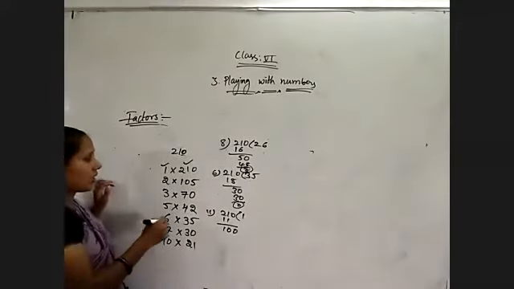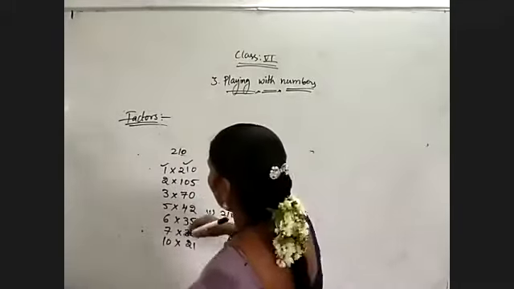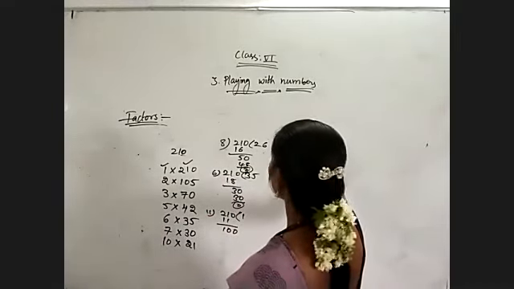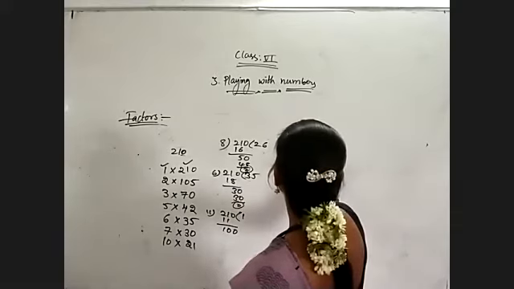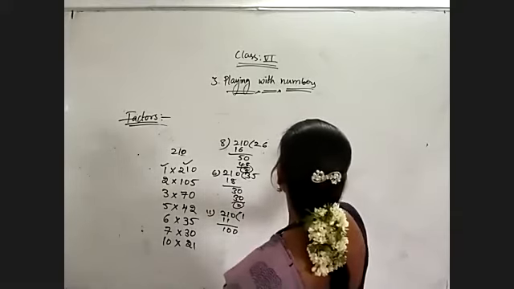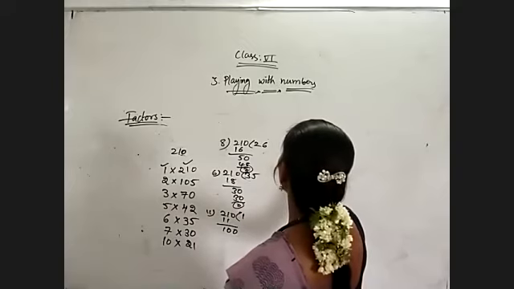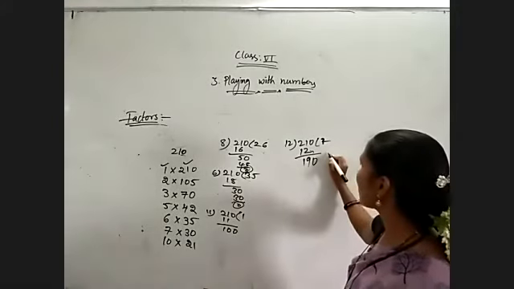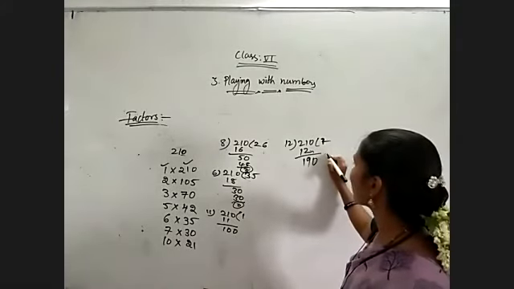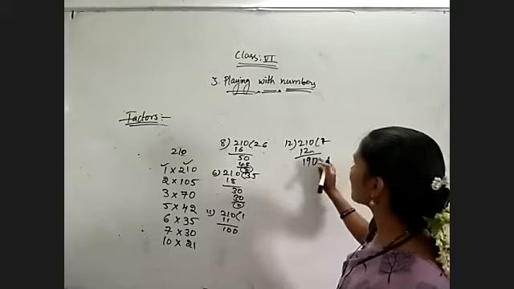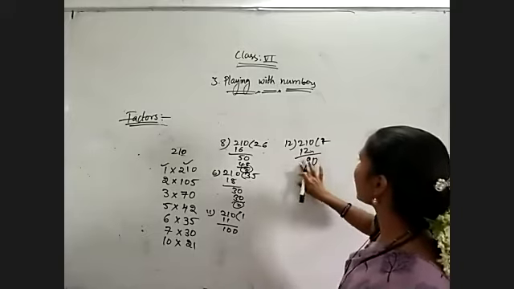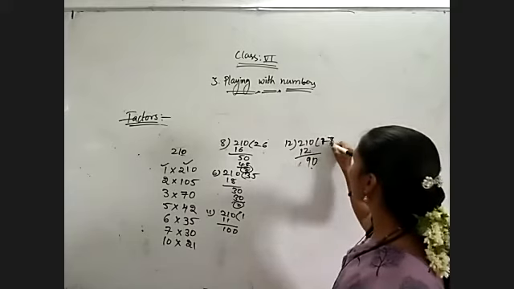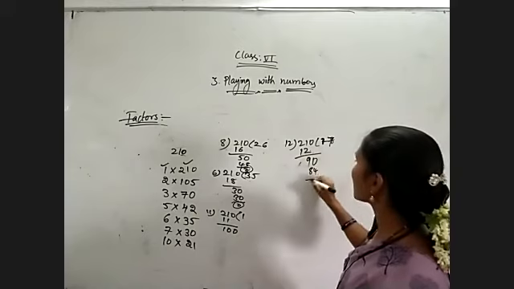So, if you have any doubt, check. 210 divided by 12. 12 ones are 12. 21 minus 12 is 9 and 0, 90. 12 8s are 96. 12 7s are 84. 6.